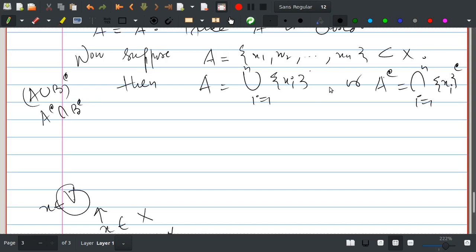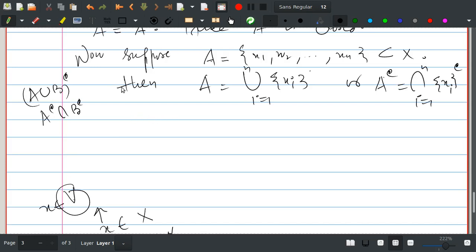Now one can note here each singleton xi is closed in X, then the xi complement will be an open set in X, and this A complement is a finite intersection of open sets, hence A complement is open, that means A is closed.